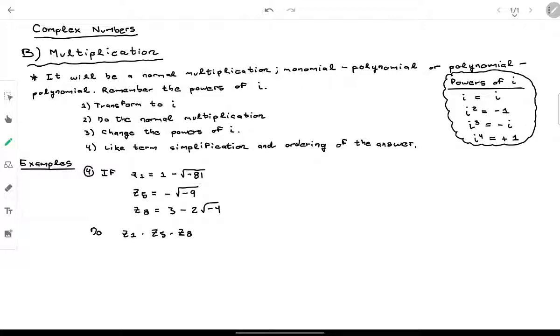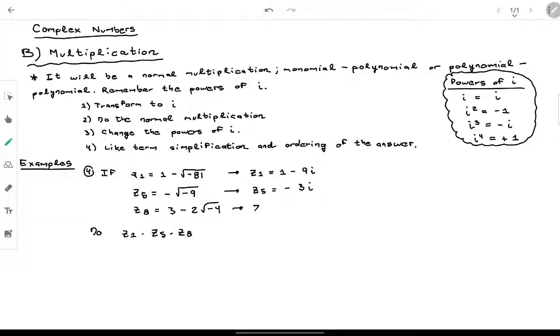So in this exercise, we have 3 terms of c, but it's going to be exactly the same. First off, we need to change them to have i's. So this is going to be c1 equals 1 minus 9i. The other one is going to be c to the 5. It's minus the square root of 9. It's 3i.